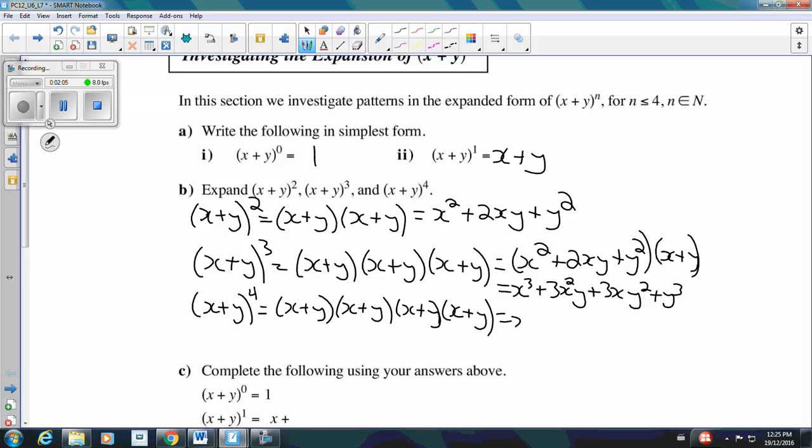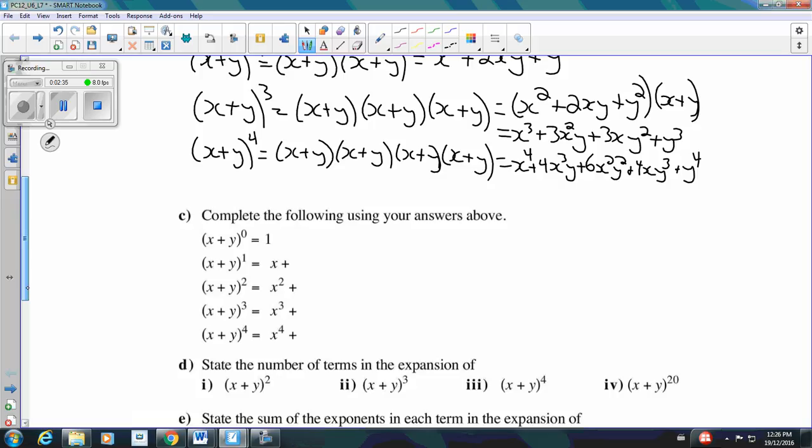When you expand it out and combine like terms, you're going to have x to the 4 plus 4x cubed y plus 6x squared y squared plus 4xy cubed plus y to the 4.